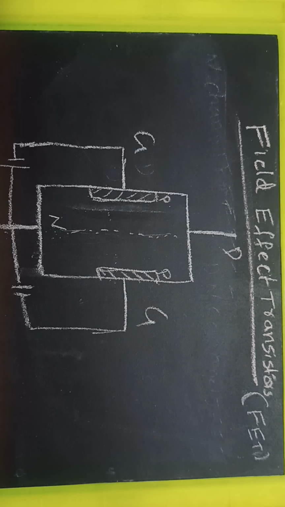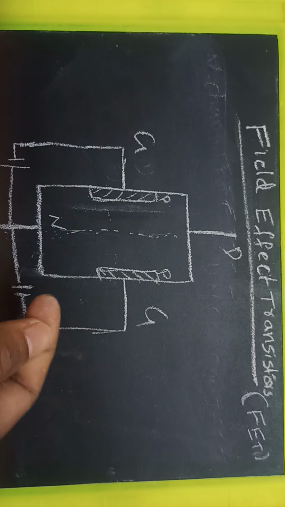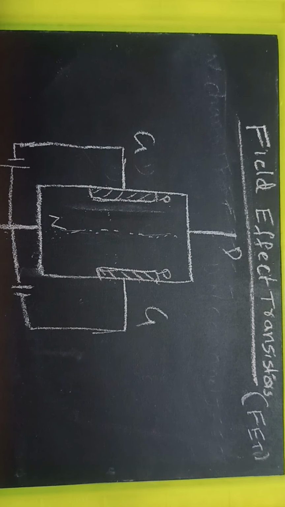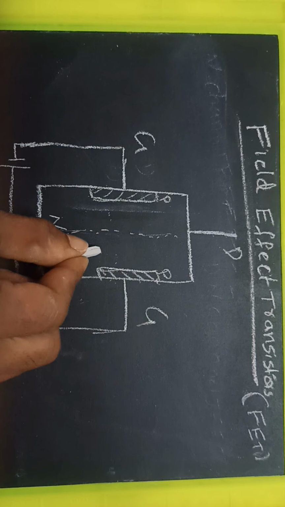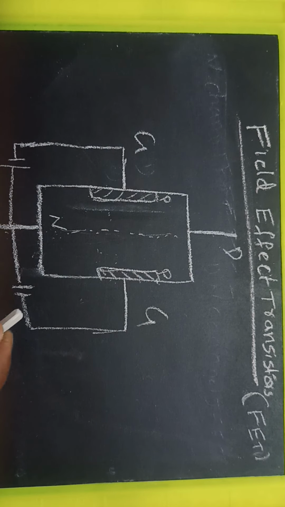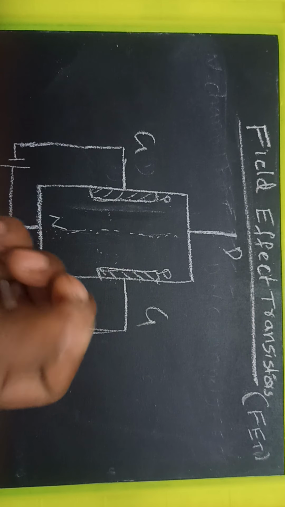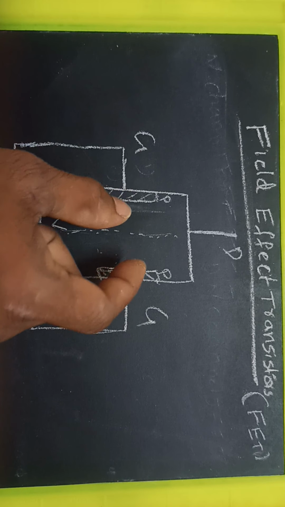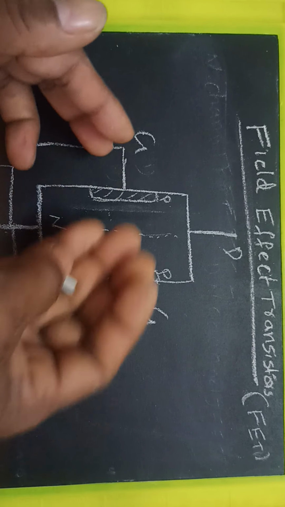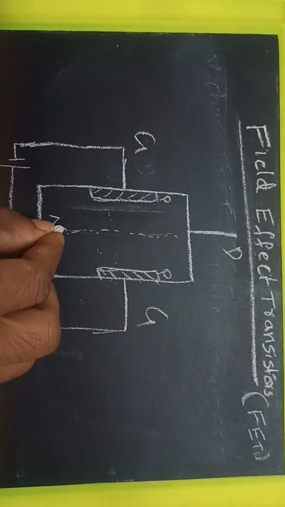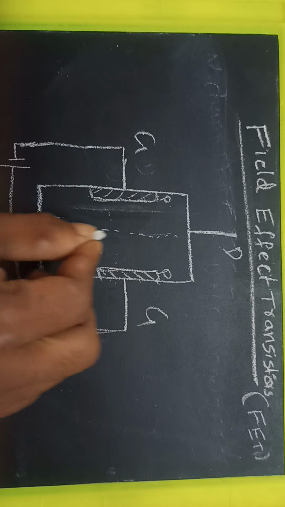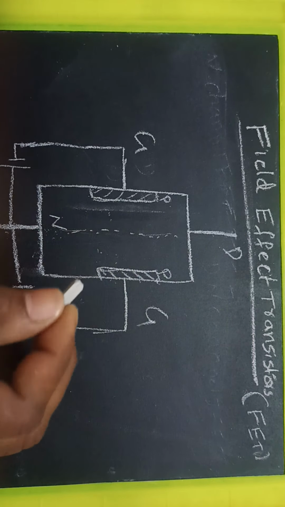So by applying the negative voltage, or by increasing the negative voltage to the gate terminal, the depletion layer between p-type material and n-type material increases. Then the width in between these two decreases. Then the current flowing from source to drain decreases.